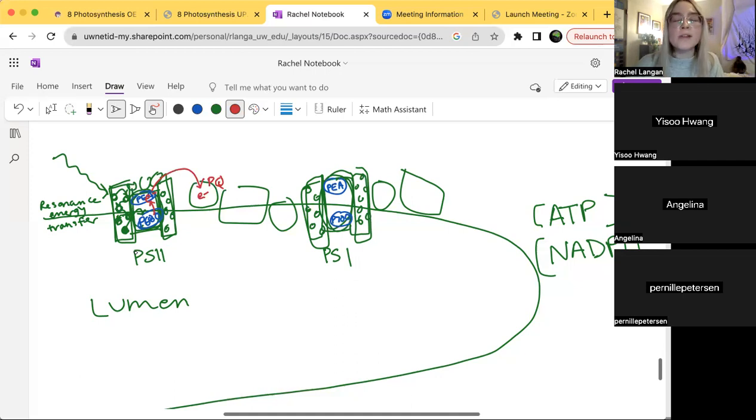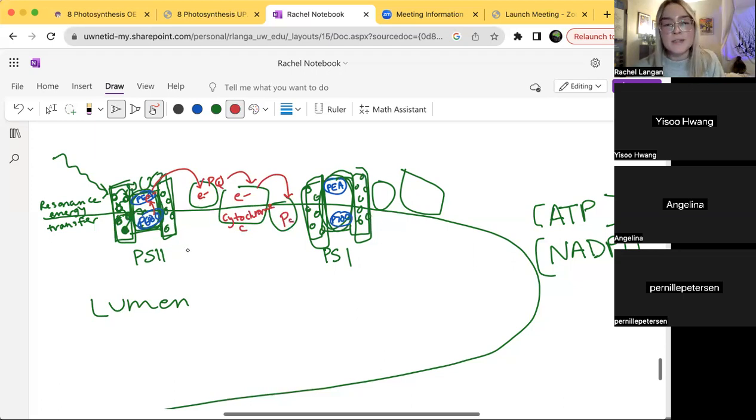I think hopefully that's on your exam page, so you don't have to memorize it. So an electron gets passed from P680 to the primary electron acceptor to PQ. PQ passes an electron to cytochrome C. Cytochrome C passes an electron to PC.